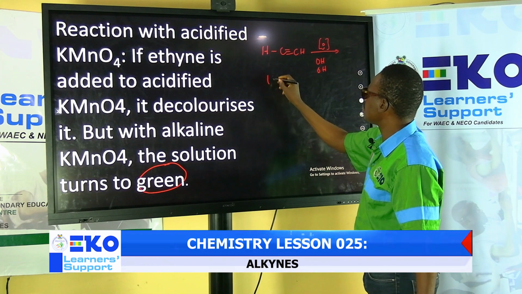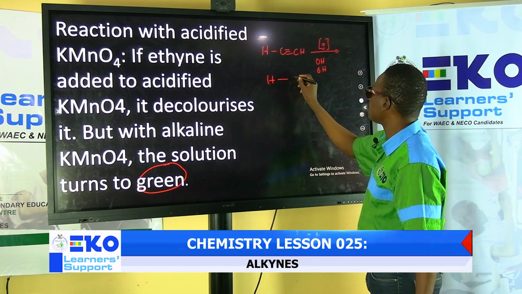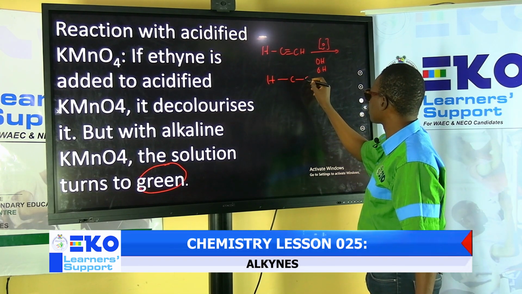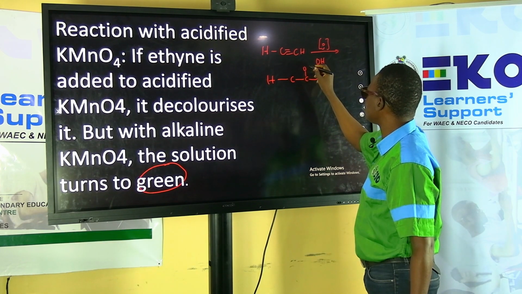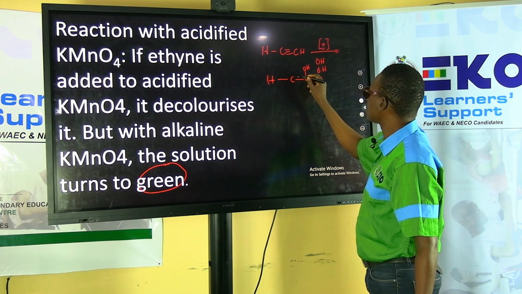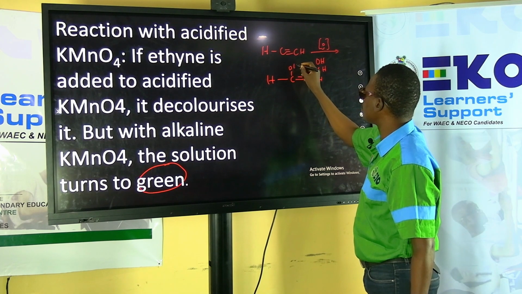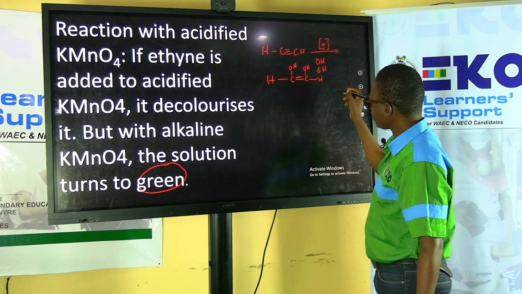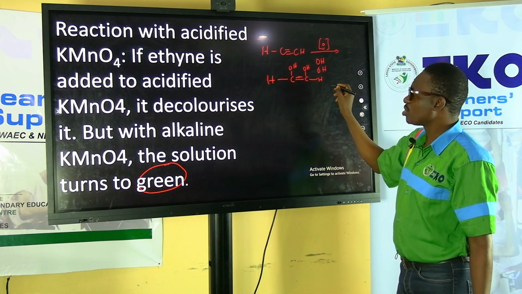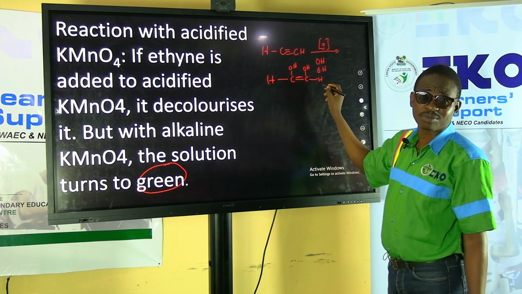So the bond will be broken. So you have OH, and you have another OH. Yes, and its solution turns colorless. So what's the name called?